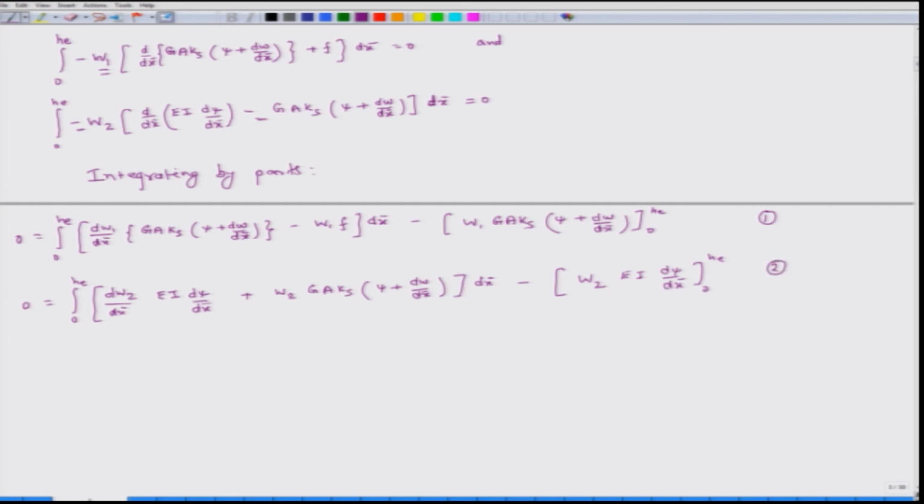This is equation 2. So, the 0 is already there.